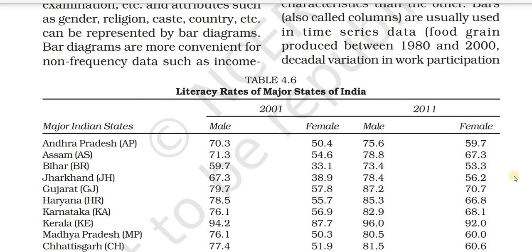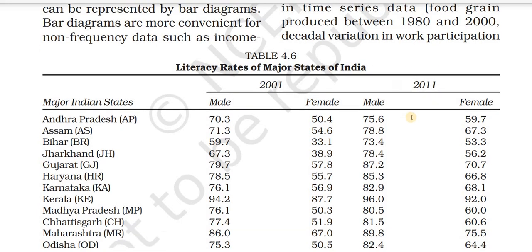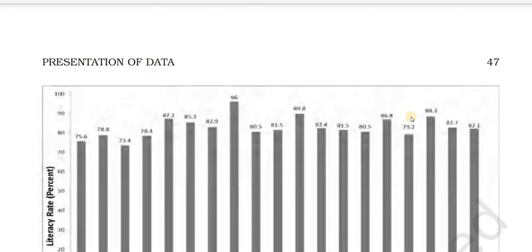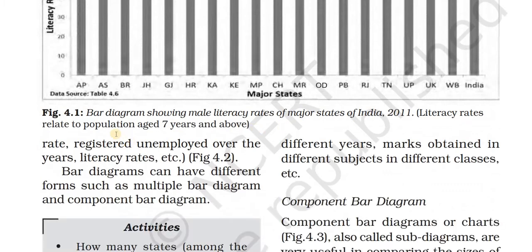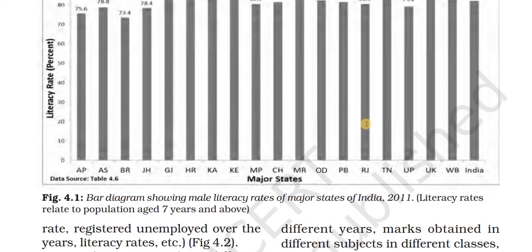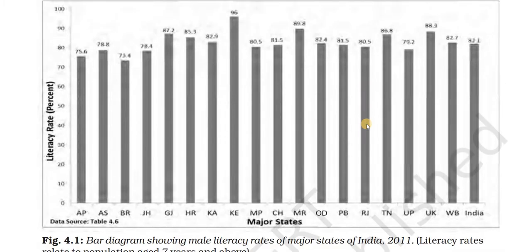In this table you can see the 2001 male and female literacy rate and the 2011 male and female literacy rate. How can we mark this? Here you can see the bar diagram showing male literacy rates in major states of India, related to the population aged 7 and above.